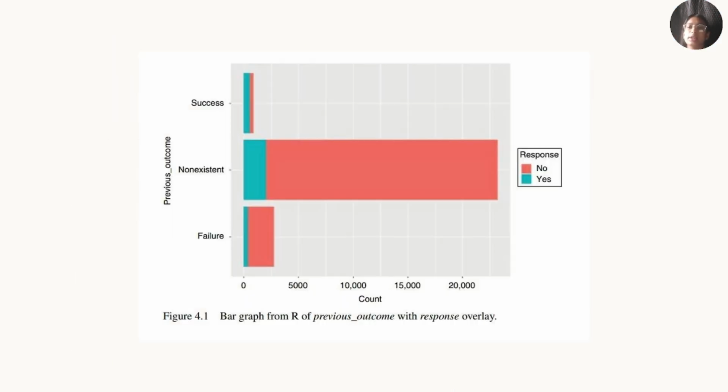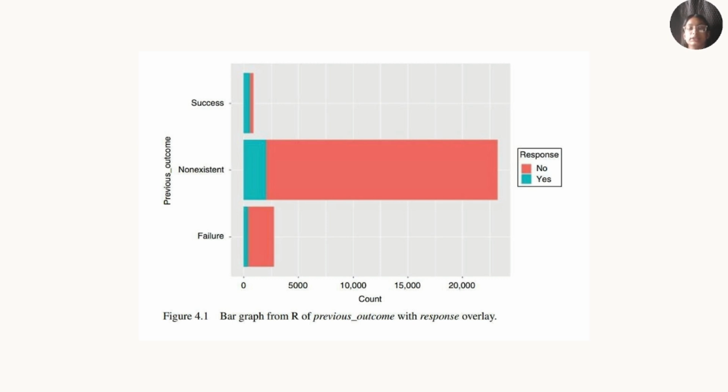Now let's have a look at this graph. We can see that 0 to 5000 is a range, then 5000 to 10,000 and so on. In this range we can see the previous outcome column. This is a bar graph. The non-existent bar is the only one which goes from 0 to 20,000.